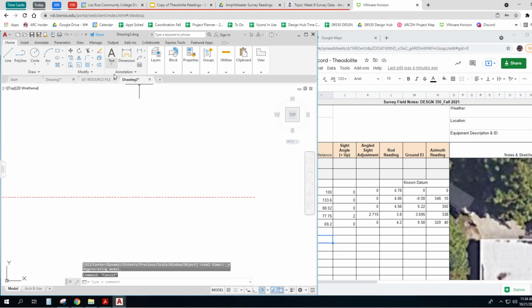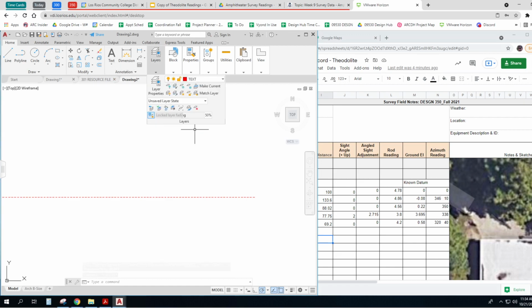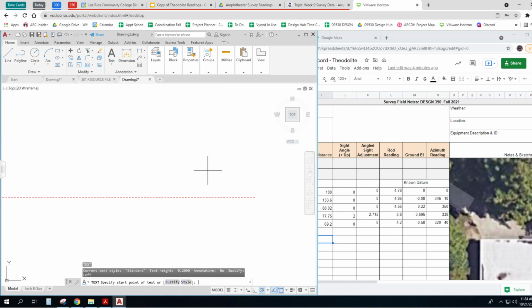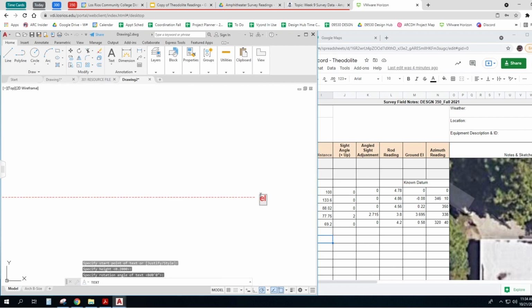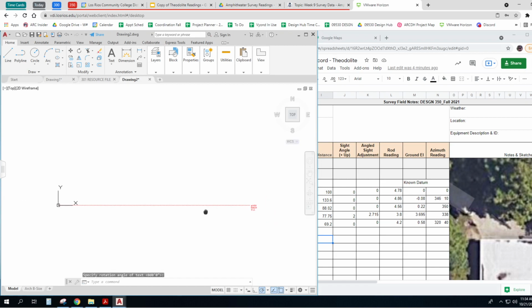Let me go ahead and change to my text layer. There's my T1.1 at 0.